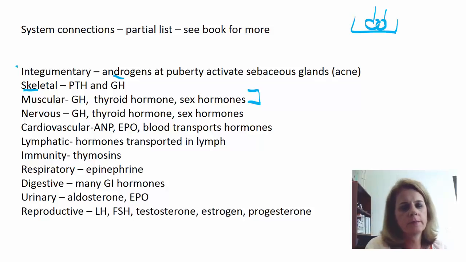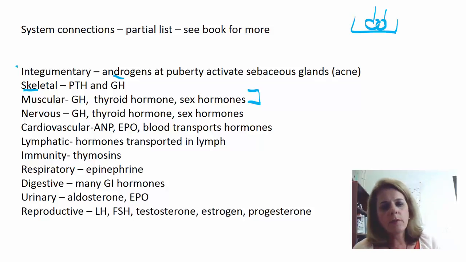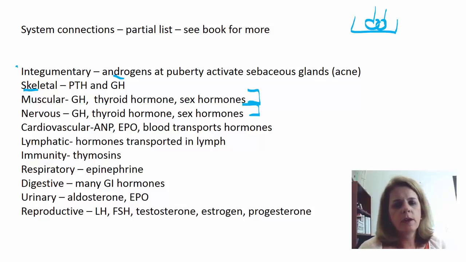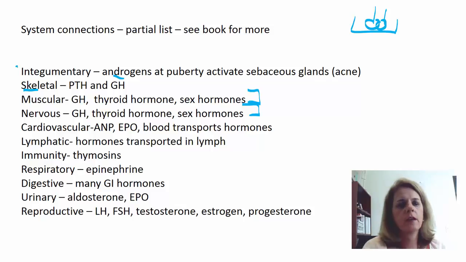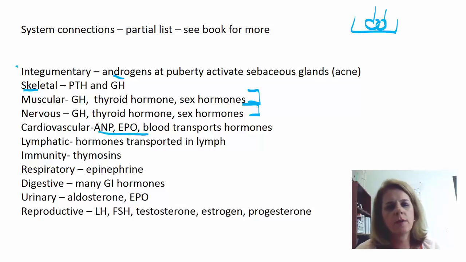The nervous system. Growth hormone, thyroid hormone, and sex hormones play a role in the development of these systems. And again, we know the nervous system has control over the endocrine system. The hypothalamus is part of the nervous system. Cardiovascular system. You have ANP and EPO, hormones that are very important for the cardiovascular system.